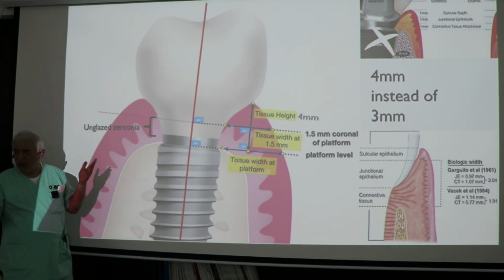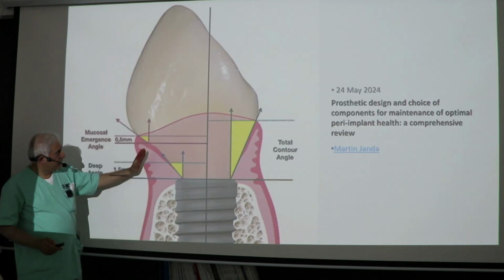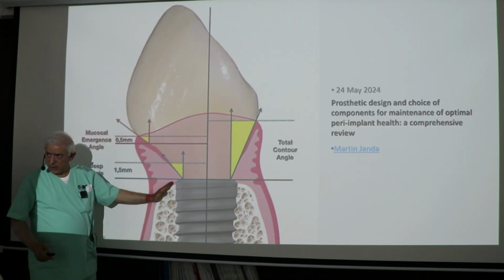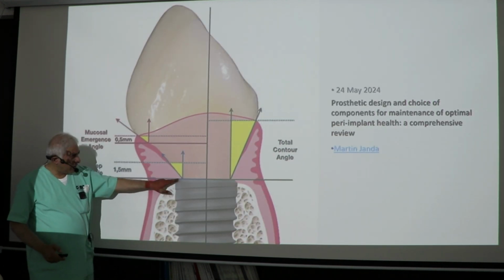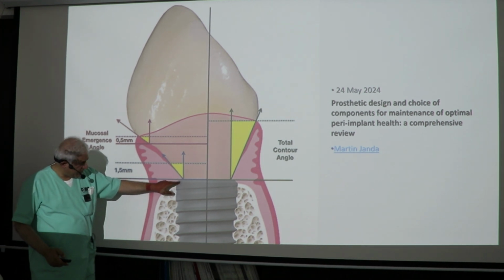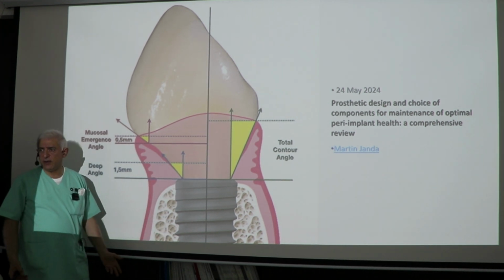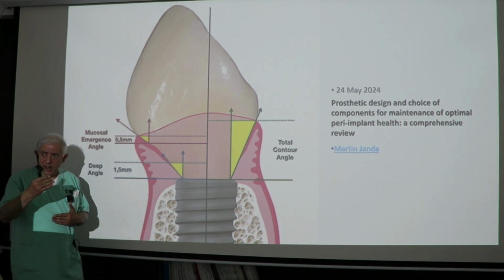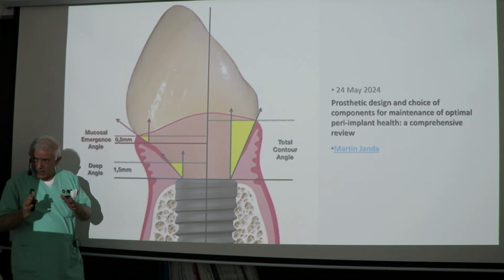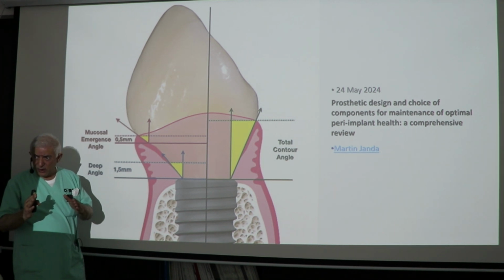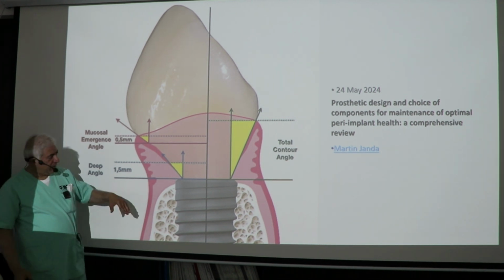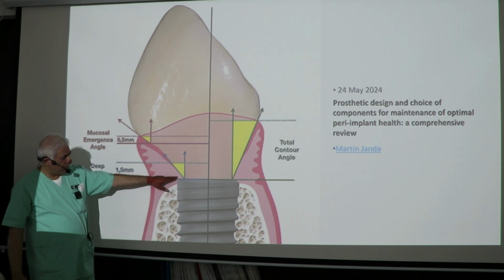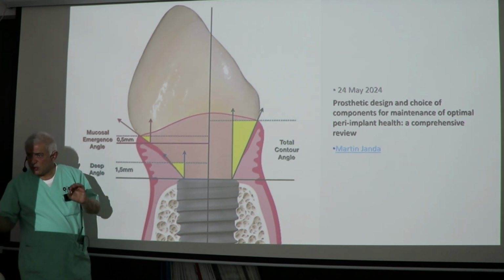It doesn't matter. Whatever it is, it should be straight. It should not disturb. So if your implant is here, then your implant is here, of course the cuff height will change. So the cuff height should be helping you to decide that 1.5 millimeter of connective tissue above the bone does not get disturbed.